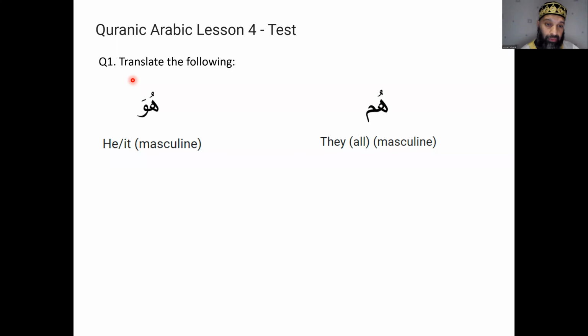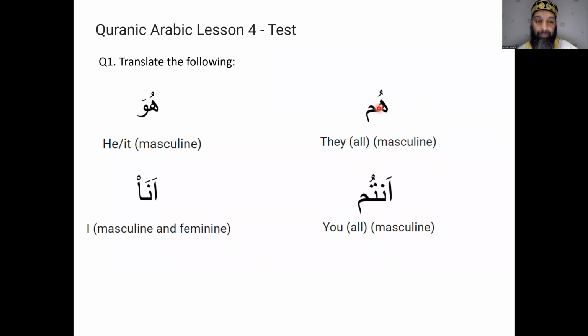So huwa, he, it. Hum, they, all, masculine terminology. Third person, you can tell because it starts off with ha. Ana is masculine and feminine. And last week I said that in the Quran it's mentioned inni and Allah. Allah subhanahu wa ta'ala says, it's actually innani and Allah.